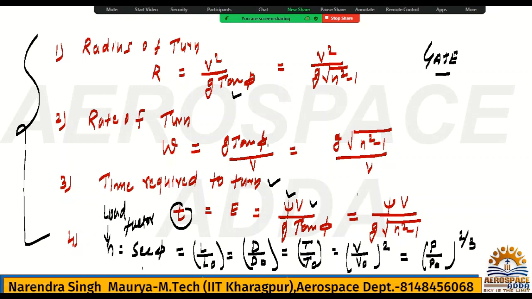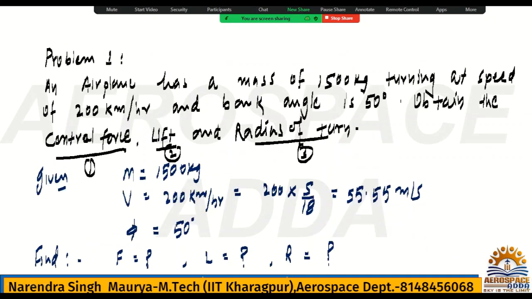But in this problem they have given velocity at steady level, not turning, so we'll convert this velocity into turning velocity with the help of the load factor. Yes or no? g tan phi. So we'll write the formula for time required in terms of load factor, and the velocity will also change. I will write the formula, then I will explain, so you will understand it.